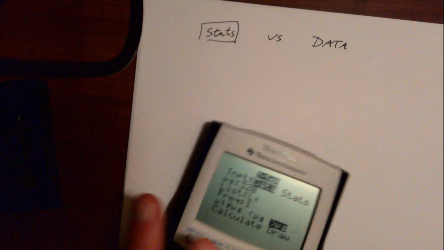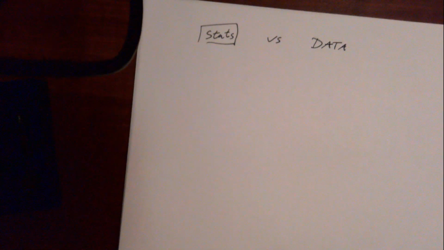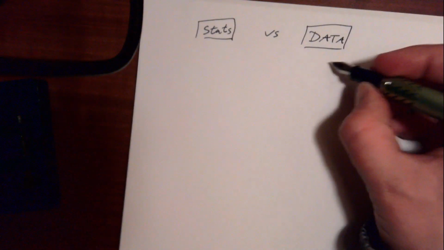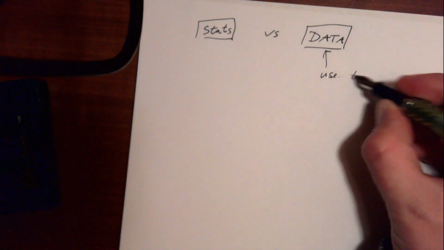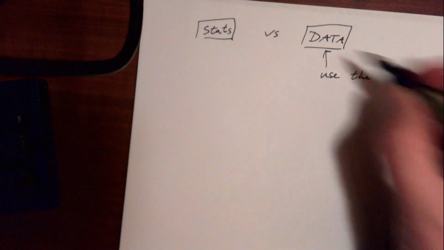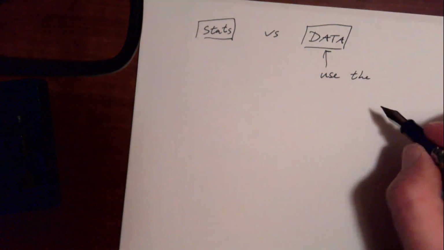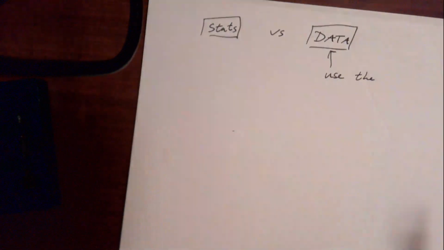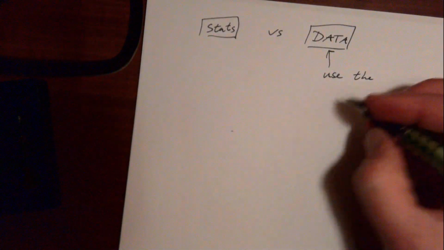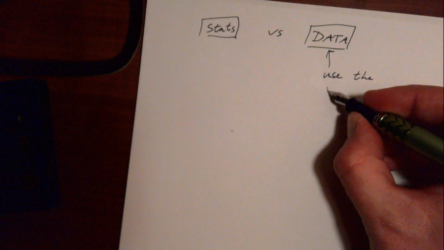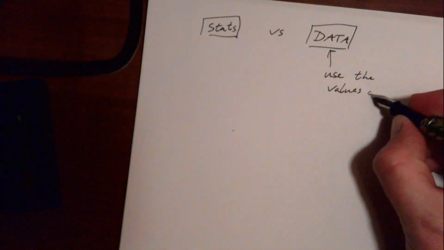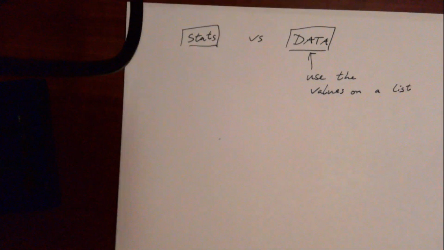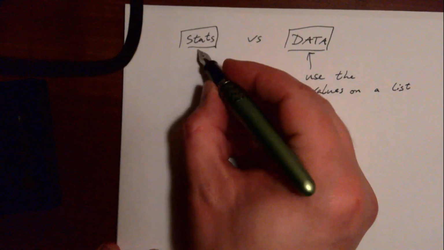The difference is that data is what you use to put in the actual data values, using the values in a list, versus stats, where you just give it the summary statistics.